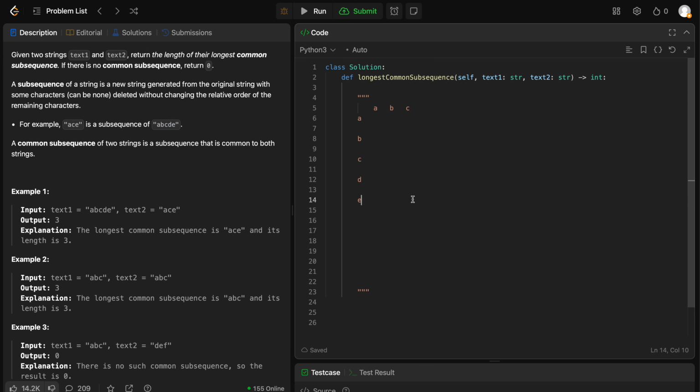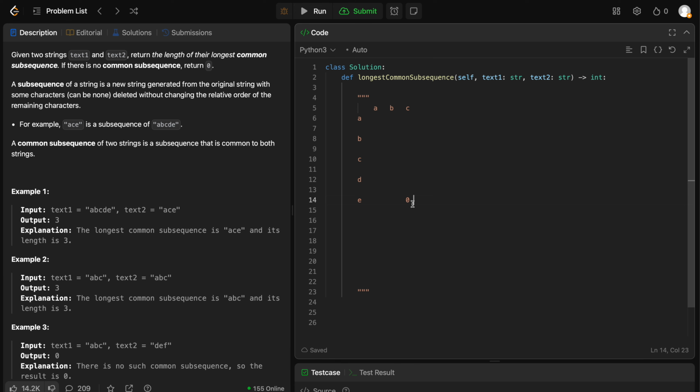So this cell, I know it's a bit hard, but this cell that belongs to C and E, let's consider that to be the longest common subsequence between this string and this string. Since this is the end, this will be 0. So we cannot match anything here.